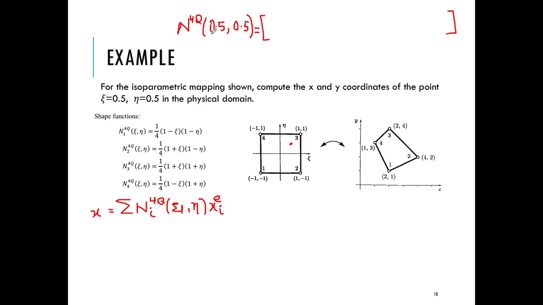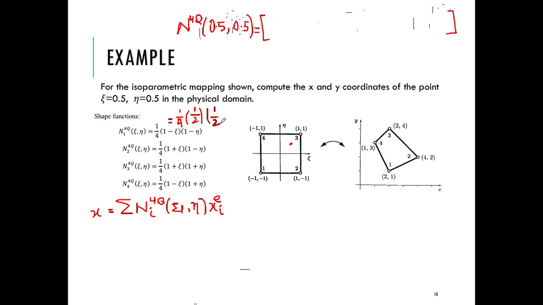We're substituting this coordinate in here. Clearly for N1, I get 1 by 4 multiplied by 1 minus half, which is a half, and then multiplied by 1 minus half again, which is also a half.